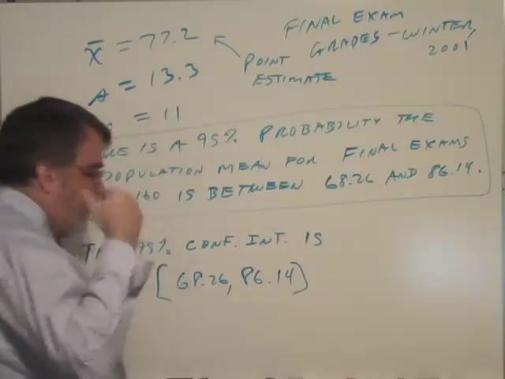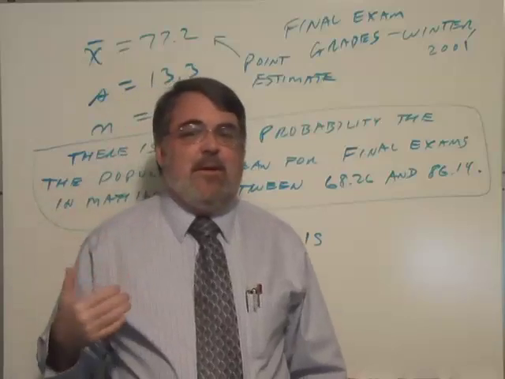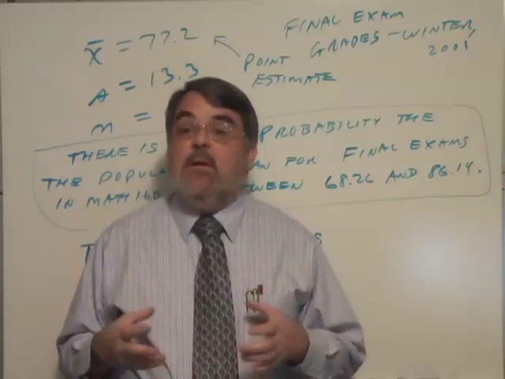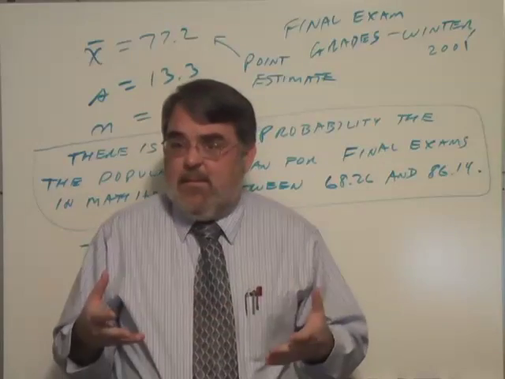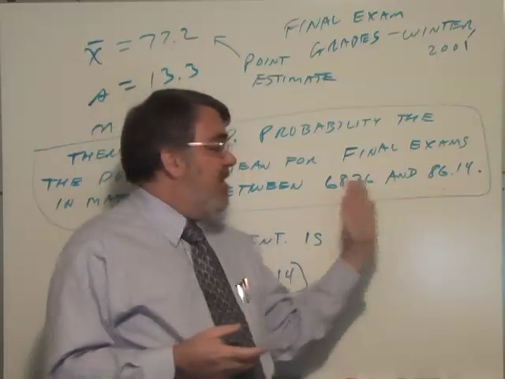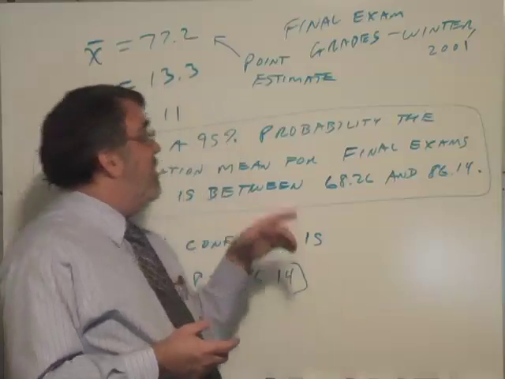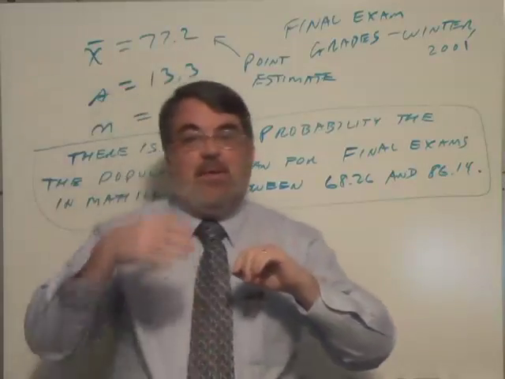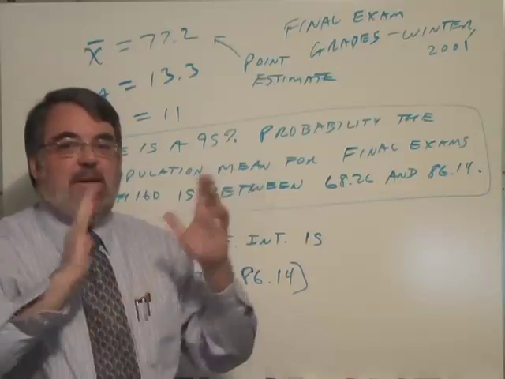Now, and I'm going to do this again with another problem later down the road, but I want to get you really thinking about what is a confidence interval? What can you do to improve it? What would be an improvement? This is not a very close estimate. You might think there's a lot of slop in this value. I mean, it's the sample mean plus or minus 8 point something. That's a lot of slop.